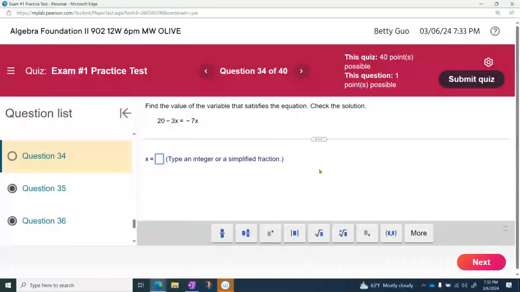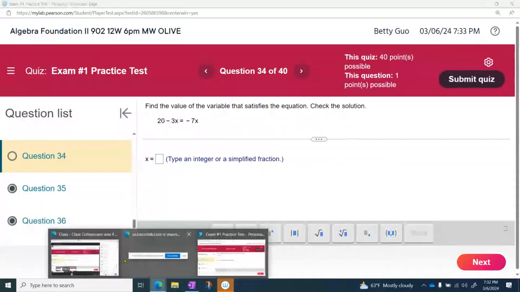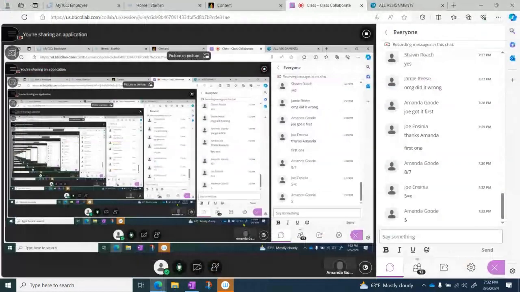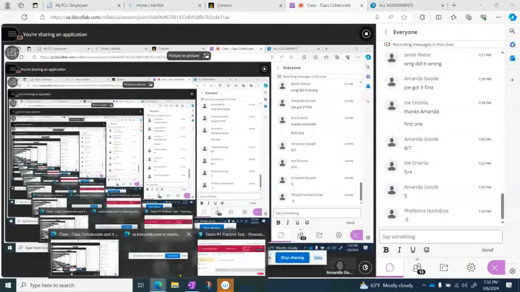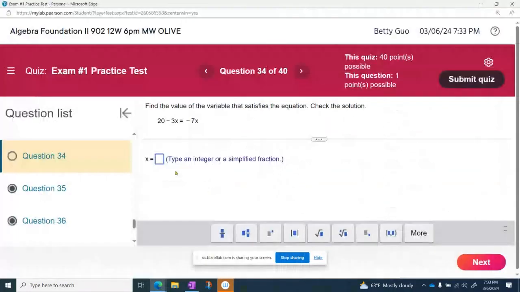You want to use the property of equality, or you want to try my transposition of terms. Felina says -5. I think the answer is going to be negative, guys. Sign error, okay?